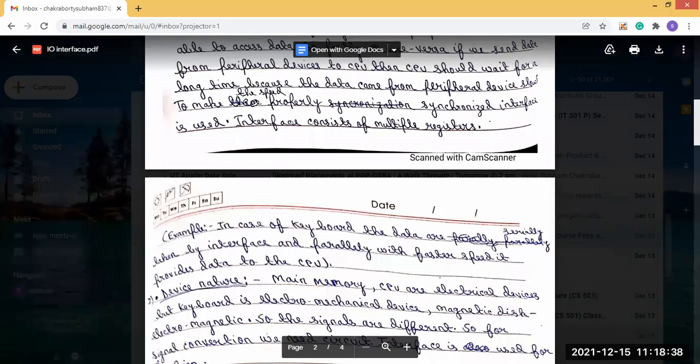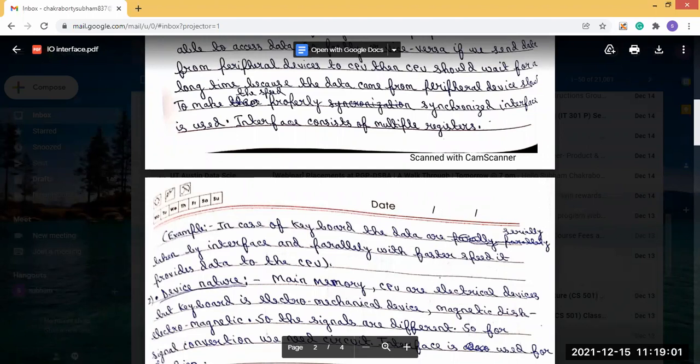A magnetic disk is an electromagnetic device. So the input output devices are of another type. Main memory and CPU are electrical devices, but our keyboard is electromechanical, and our magnetic disk is electromagnetic.